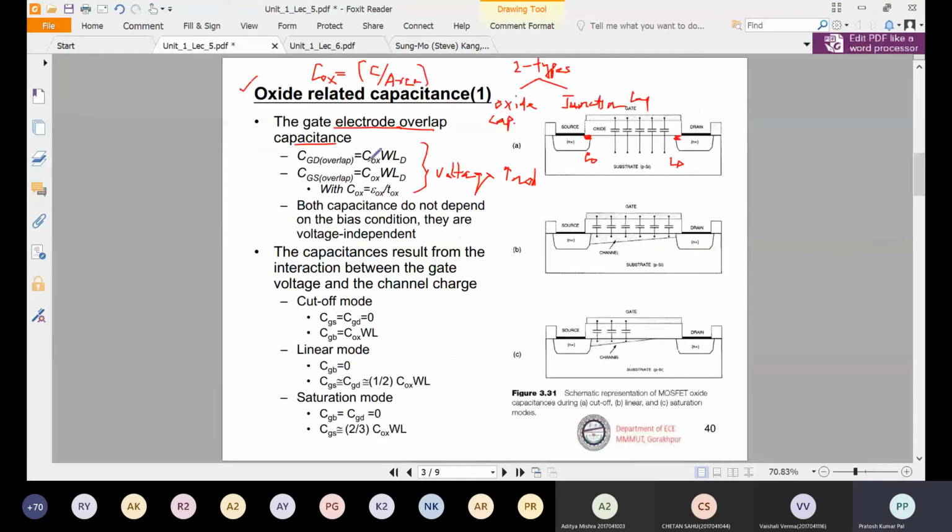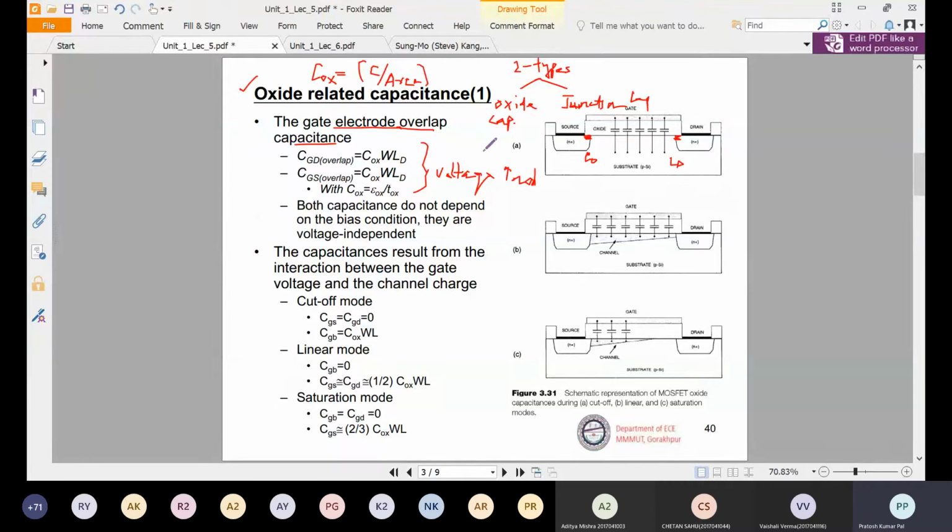So the overlap capacitance will be given by COX, the oxide capacitance, multiplied by the area of the overlap region. So COX W into LD will be considered as the CGD because of overlap, and similarly the CGS will also be given by COX W into LD.